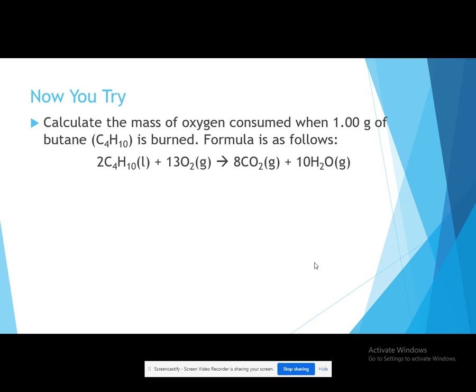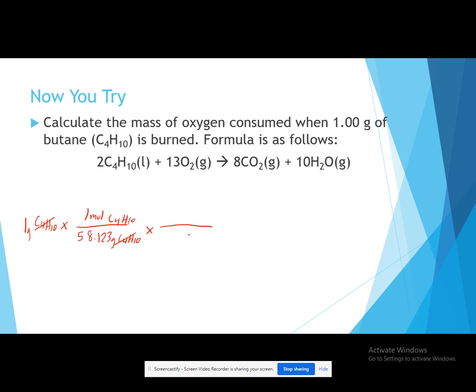Okay. So again, you start with always what you're given. You are given 1 gram of butane, so C4H10. In order to cancel out grams, you have to use molar mass, and you find the molar mass to be 58.123 grams of C4H10 for every 1 mole of C4H10. So that cancels grams. So then C4H10 is not the compound I want.